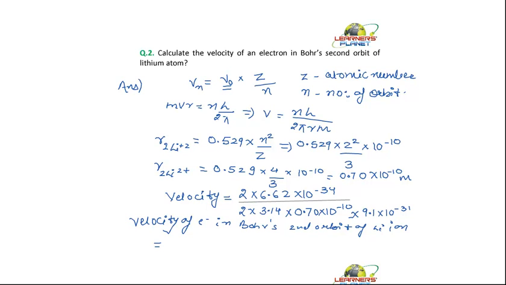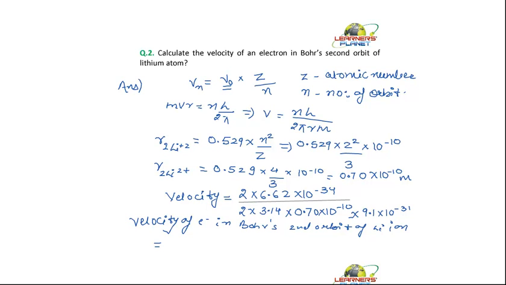So 6.62 into 10 to the power minus 34, divided by 3.14, divided by 0.70, divided by 9.1, and divided by 10 to the power minus 31.